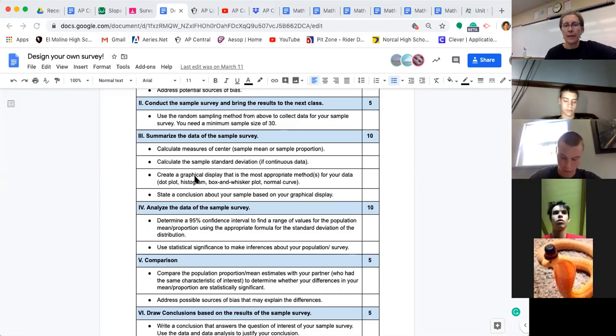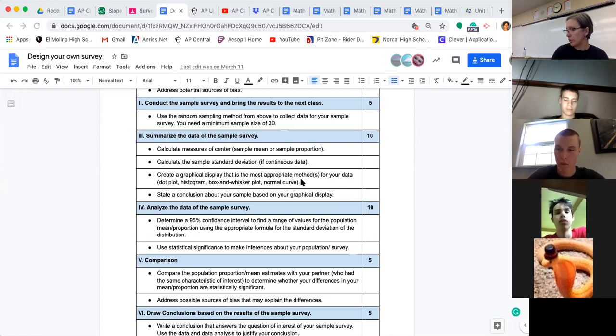Okay, so then the next piece here in part 3 is to create the graphical display. I've seen some people that have turned them in that found ways to do a normal distribution based on your sample. You could also just do a circle graph or a bar graph or something like that. So a circle graph would just show that 62% is shaded red for the ones that chose pepperoni, and then the other 38% that chose cheese maybe is shaded in yellow.